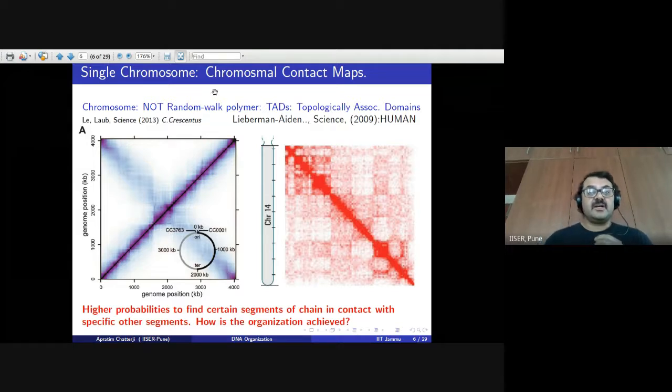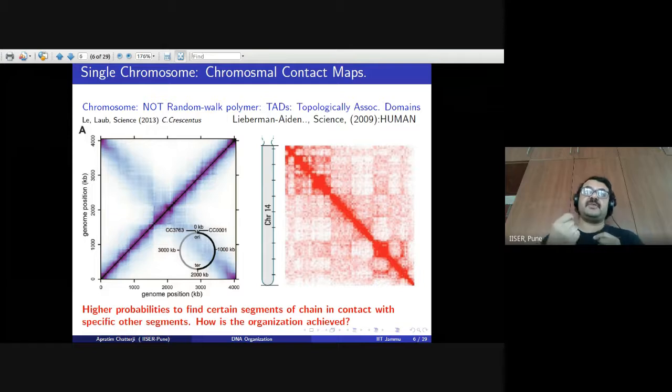So these are experimental data obtained using biochemistry methods called chromosomal contact maps. What you do is plot on both the x-axis and the y-axis the segment index. What is the segment index? Suppose you have a long polymer chain, and the first 1,000 base pairs you call segment number 1.